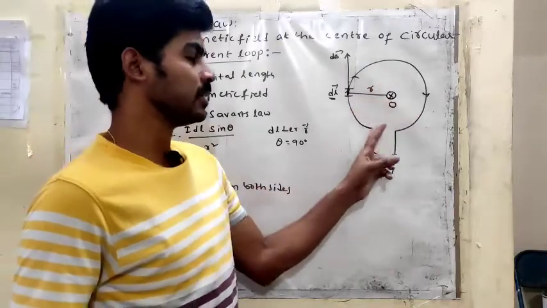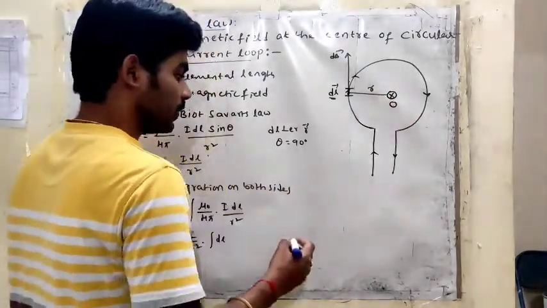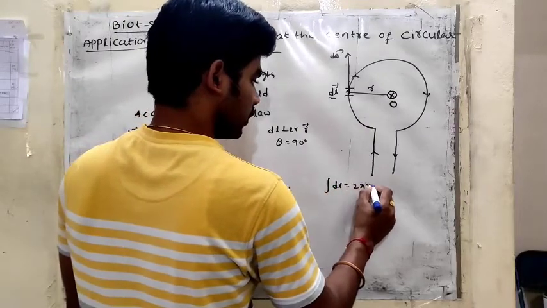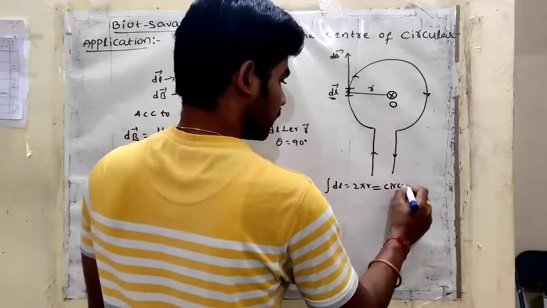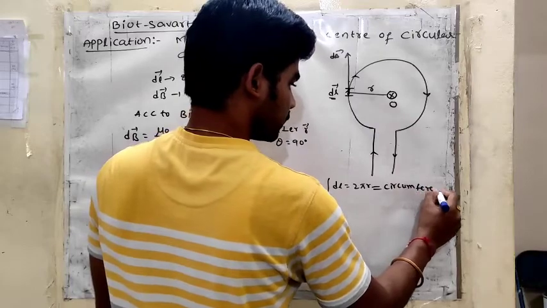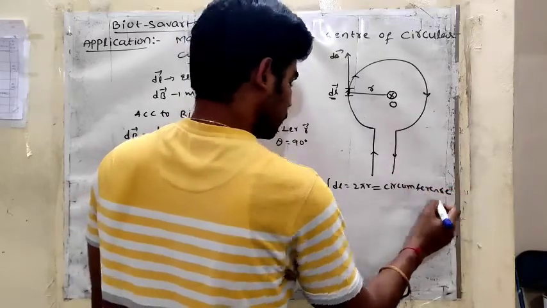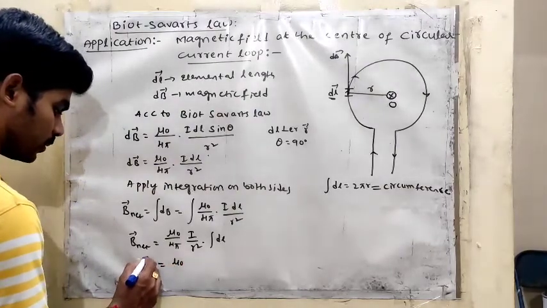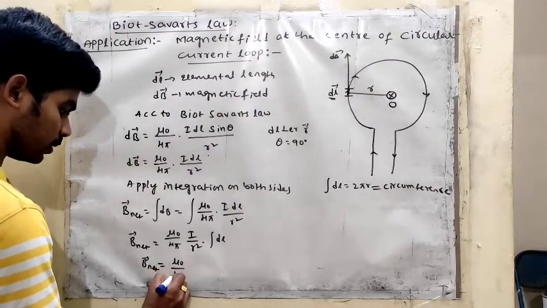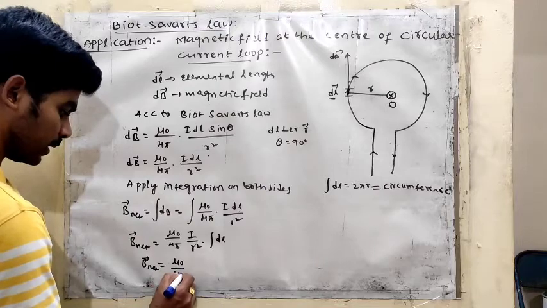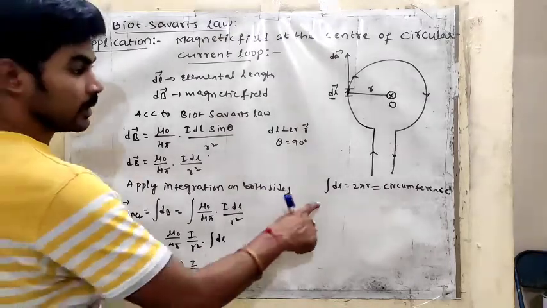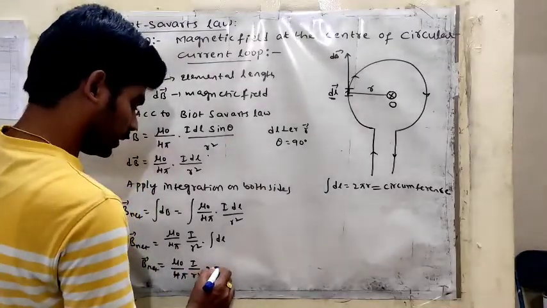The integral of dl gives the circumference of the circular loop. The circumference of the circular loop means dl is equal to 2 pi r. So substitute that value. B net is equal to mu naught by 4 pi into I by r square times 2 pi r.